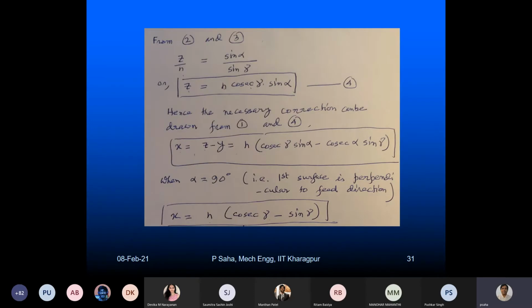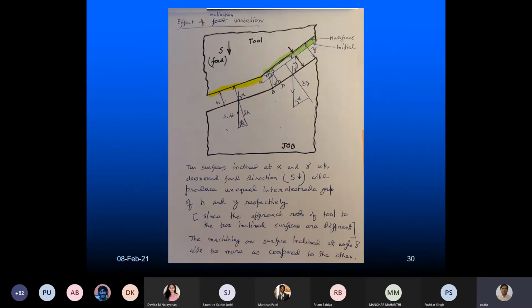Now here, if you see the previous equations, go to the previous slide. Here, what have we done? We have drawn two small triangles. See, this is H, and vertically down, say in time dt, where dt is a small time.